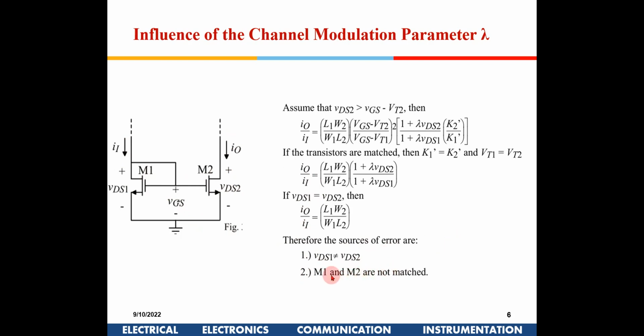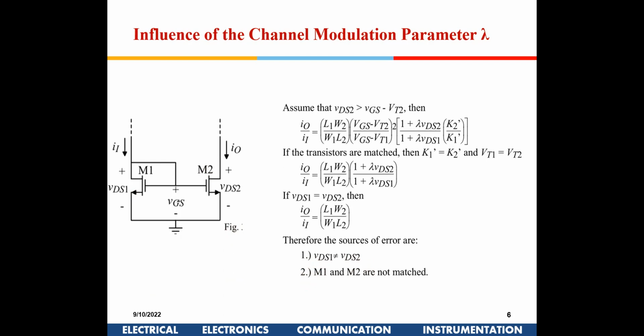There is another error, which is a random error, because while fabricating, M1 and M2 may not get fabricated exactly the same. So these are the two kinds of errors which can be anticipated in this kind of circuit.